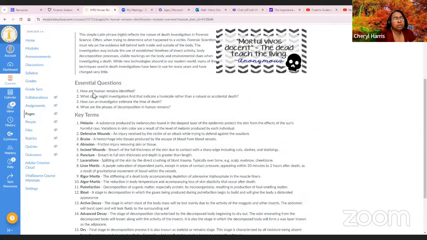Look at the essential questions. How are human remains identified? What clues do investigators find to indicate a homicide rather than natural causes or accidental death? How will an investigator estimate time of death, and what are the phases of decomposition in human remains? That is the objective of the unit.